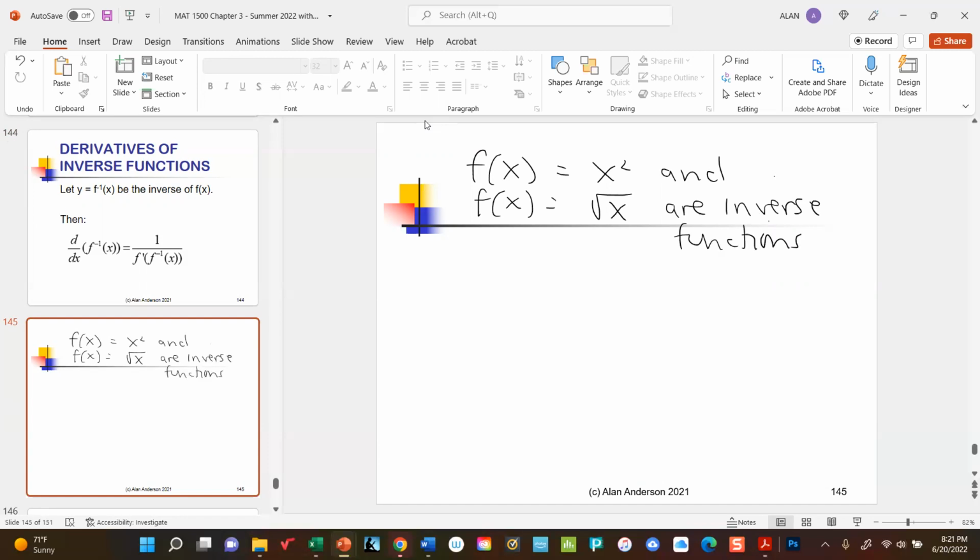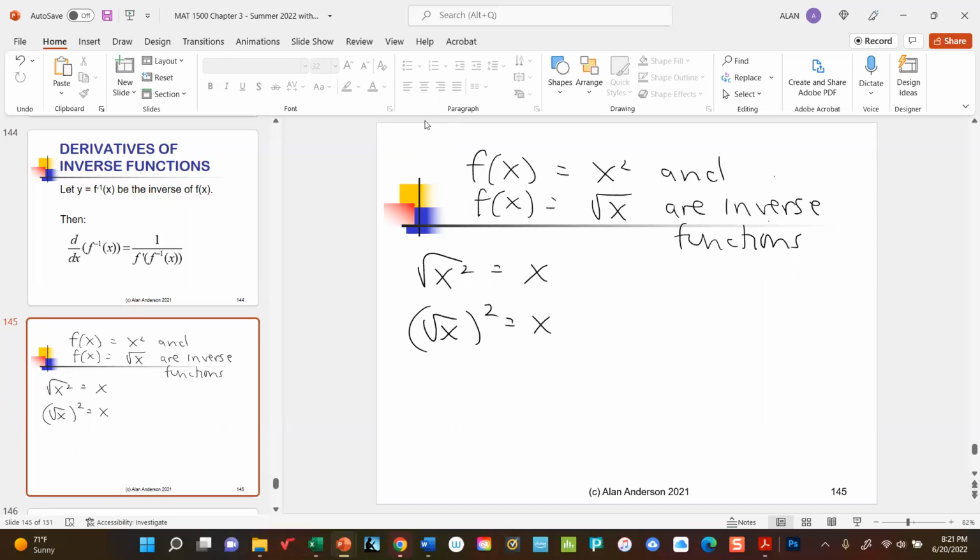That's because if you were to take, for example, the square root of x squared, it gives you back x, or if you square the square root of x, it also gives you back x. So in other words, it's almost as if they're basically offsetting each other.